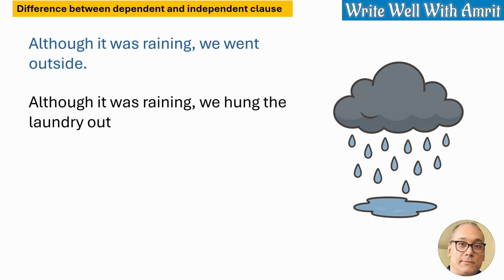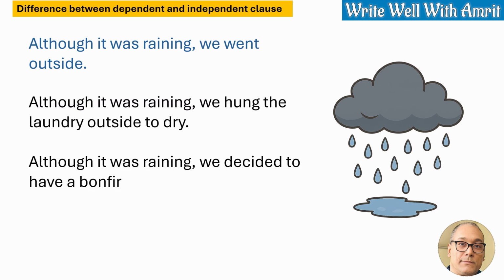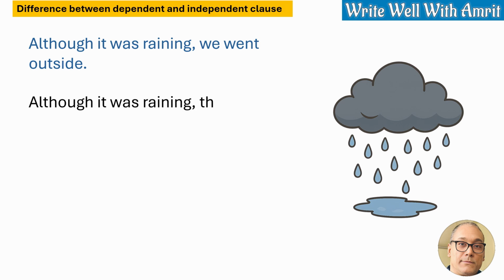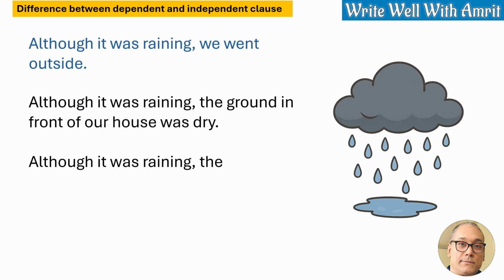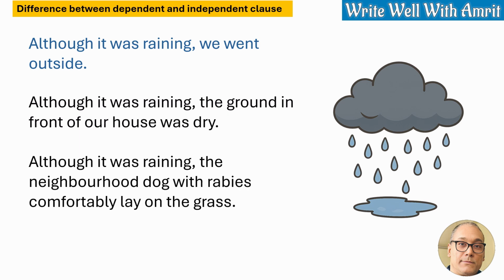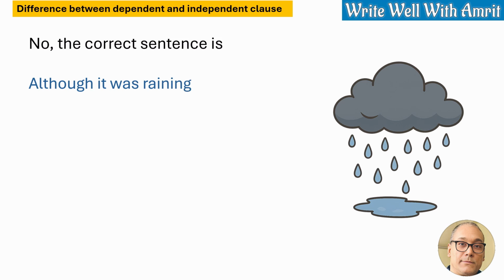Although it was raining, we hung the laundry outside to dry. Although it was raining, we decided to have a bonfire in the garden. Although it was raining, the ground in front of our house was dry. Although it was raining, the neighborhood dog with rabies comfortably lay on the grass. No, the correct sentence is, although it was raining, we went outside.